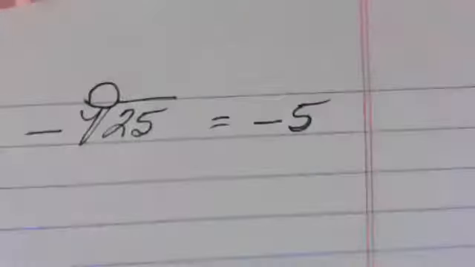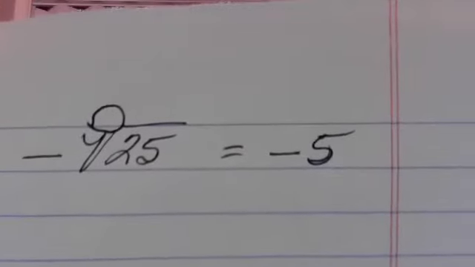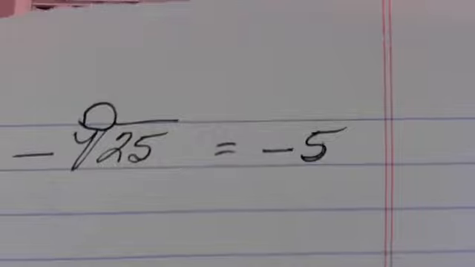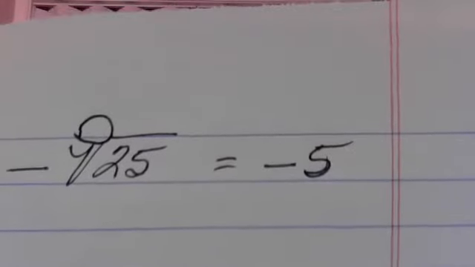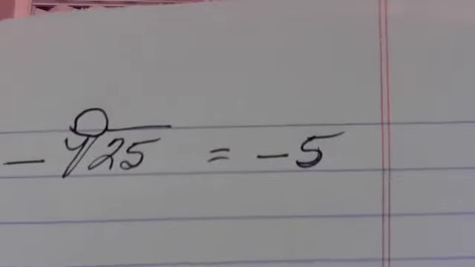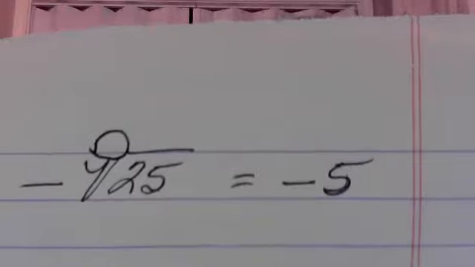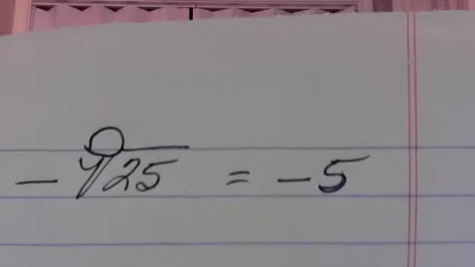So negative 5. Because the answer to the square root of 25 is 5, then the negative's on the outside, so we put the negative on the answer. Okay.